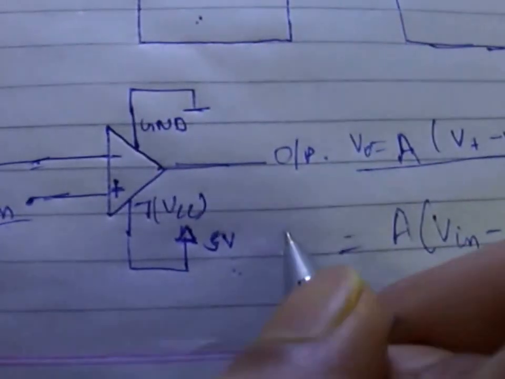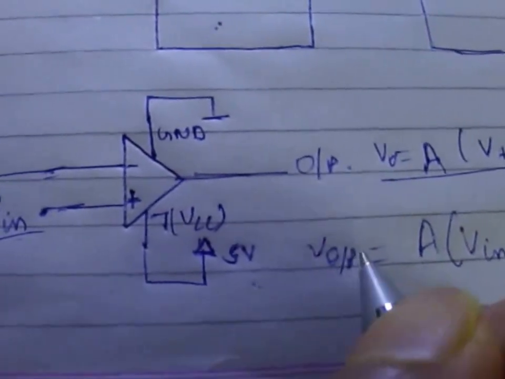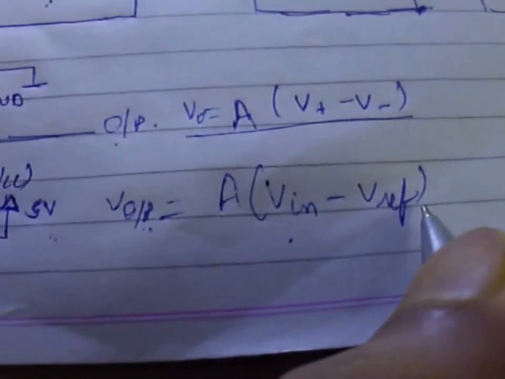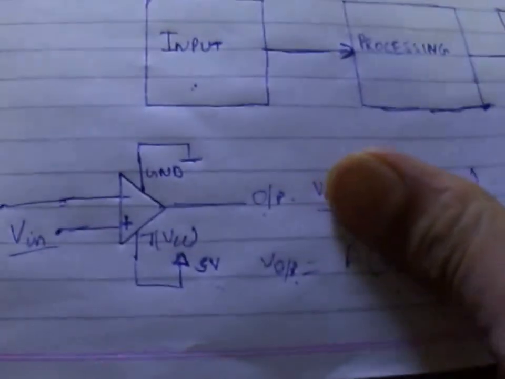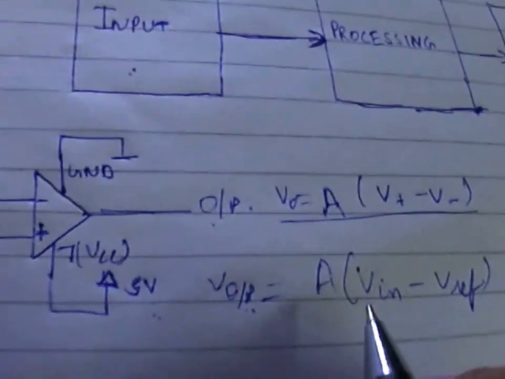That will be your V output. So we are now ready to understand how it will be comparing two voltages.